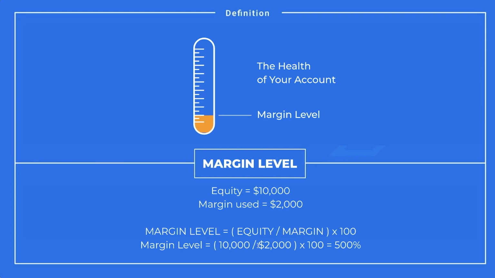Okay, so 10,000 equity divided by 2,000 times 100 is 500%. That is great. Okay, so remember, there's a margin required, and it's given in percentage. So the margin level is also given in percentage, so you can easily compare the two.